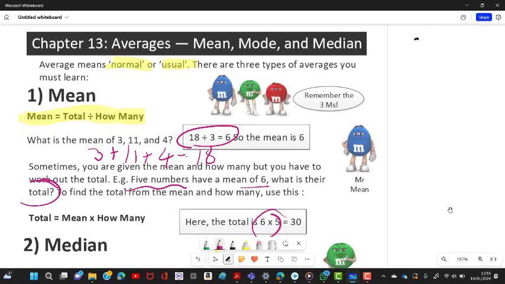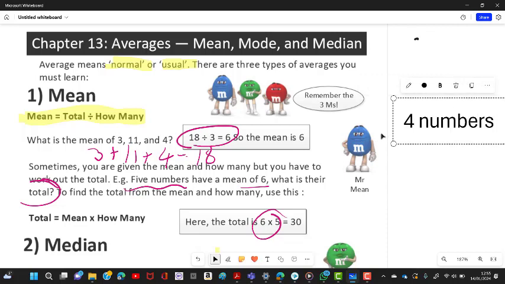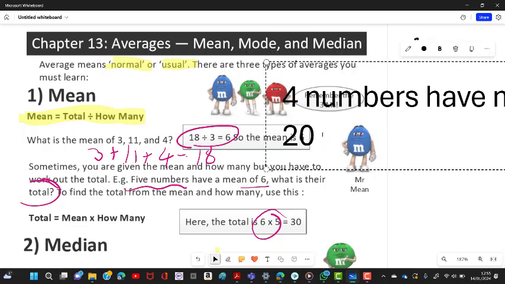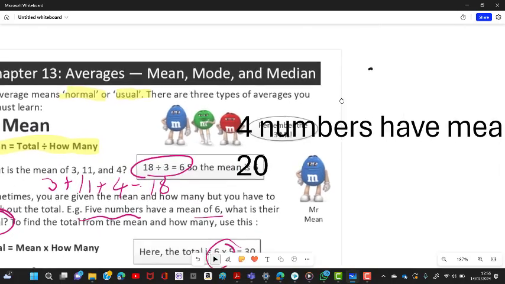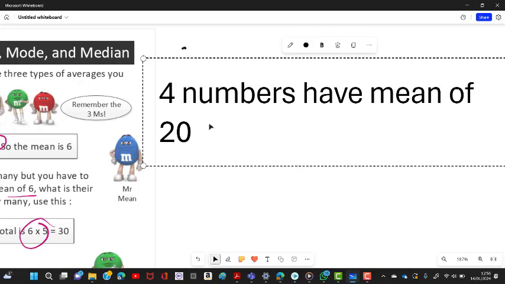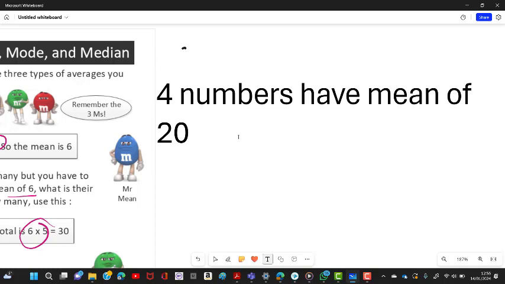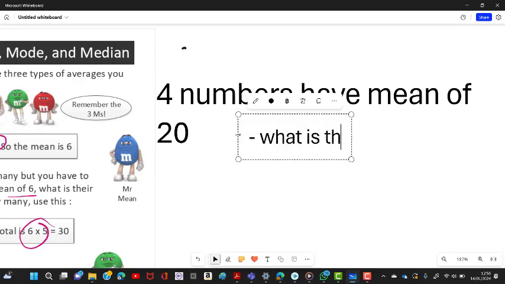Okay, let's give another example. Let's say you have 4 numbers that have a mean of 20. What's their total?